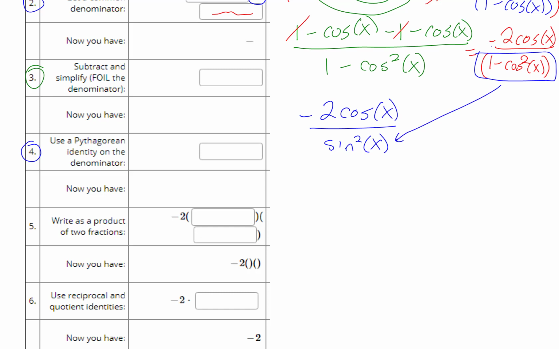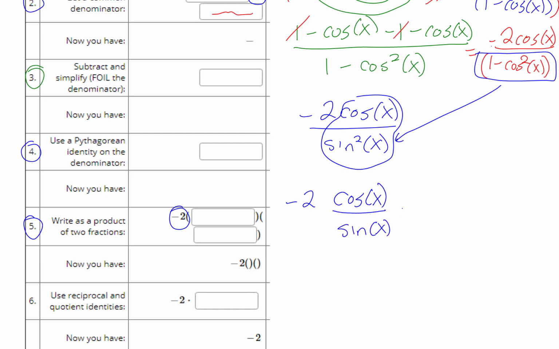Okay, now I'm ready for step 5. Write as a product of 2 fractions. Okay, so they already have the negative 2 in the computer, so that's going to be on the front, and I won't enter that. But this is, we've got a cosine x, and we can split that and leave 1 sine x, and then we can multiply that by, let me just, so we can distinguish it, I'm just going to put a dot here.